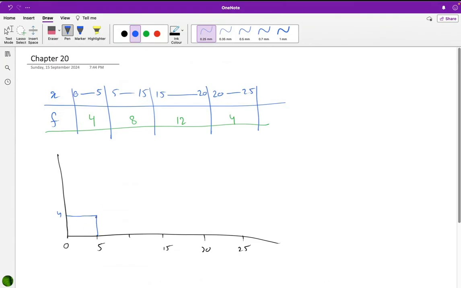The second is 8 from 5 to 15, which should be of double height as 4 appears. Then 12 should be this height. And 20 to 25 is 4 again.